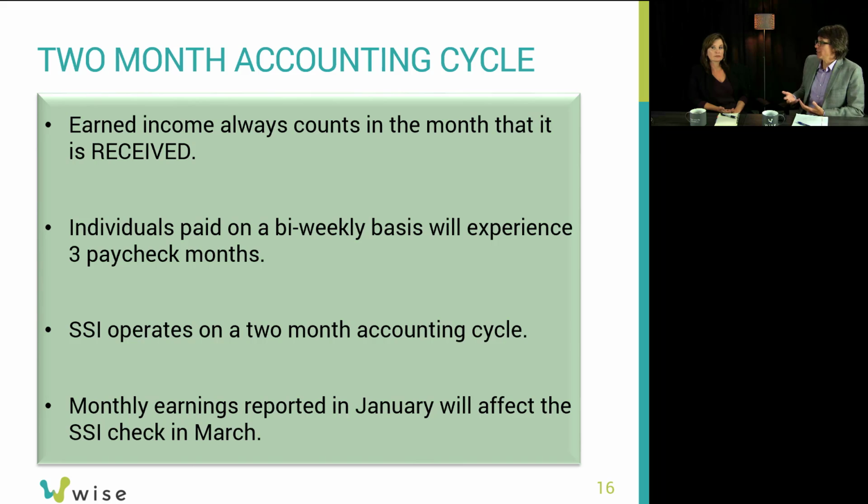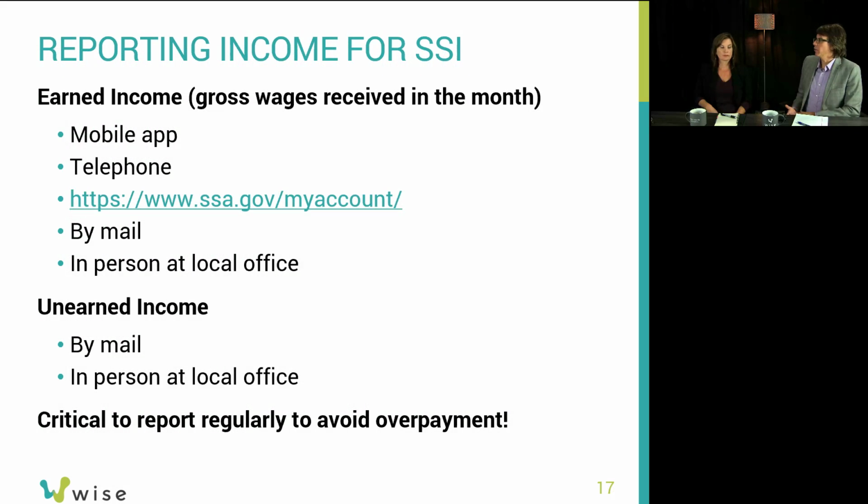So now Social Security has the month of February to figure out what that's going to do to my SSI. And we're going to be talking about those calculations that Social Security uses. If it reduces my SSI, it's going to happen in the month of March. So when I get a reduced benefit check in March, it's based off of my income that I received in January.